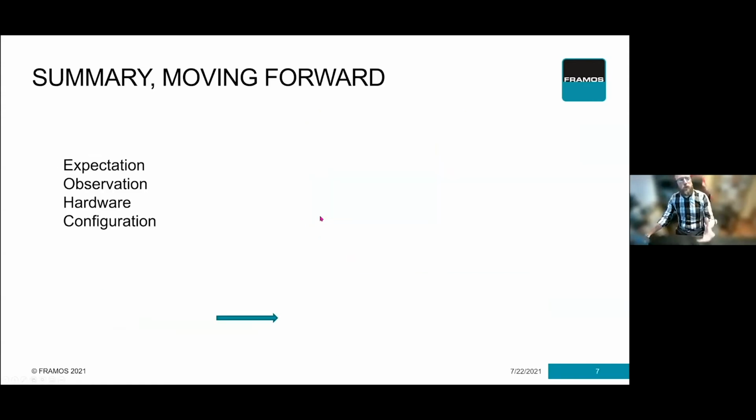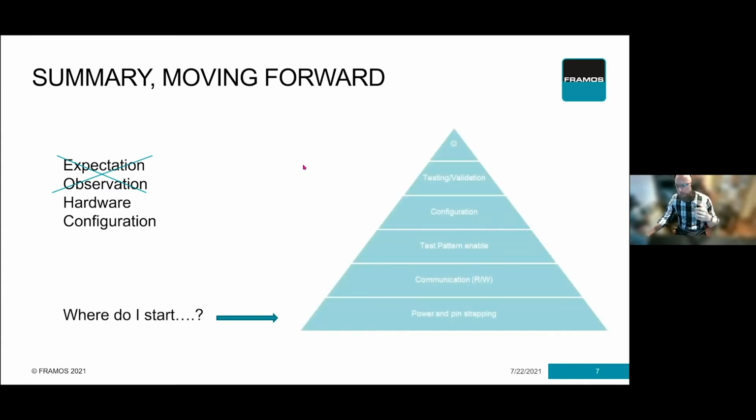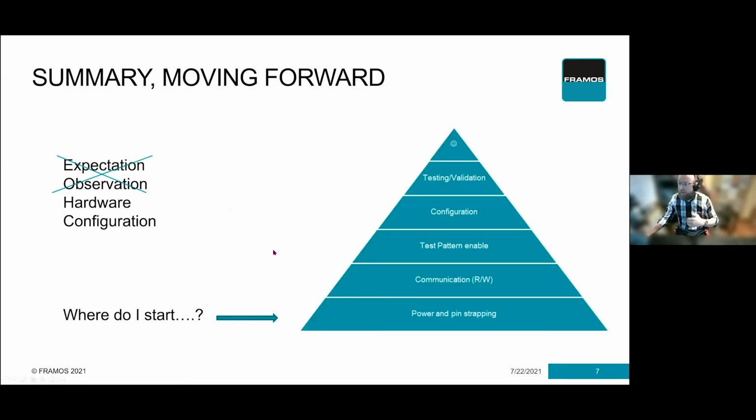So moving forward from there, we have this expectation, observation, hardware and configuration classification of the bugs. What we can now say is, well, if we get rid of those two and we have just a hardware or configuration bug, i.e. there is a real bug that really needs to be tracked down, where do we start? For me, I always like to start at the most fundamentals.